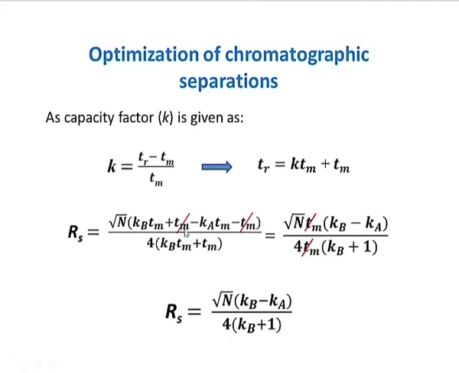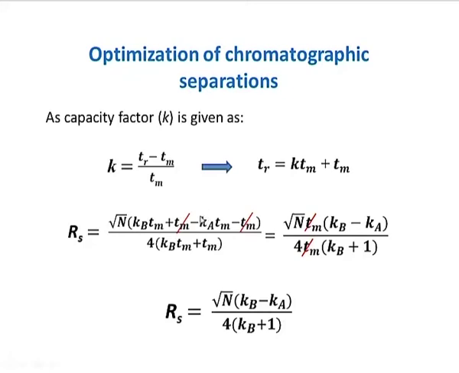If you put these values here, the new equation comes out as Rs equals square root of n times (kB Tm plus Tm, which is your TRB, minus kA Tm minus Tm, which is your TRA) upon 4 times (kB Tm plus Tm).